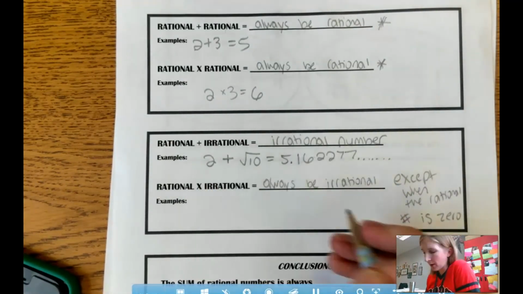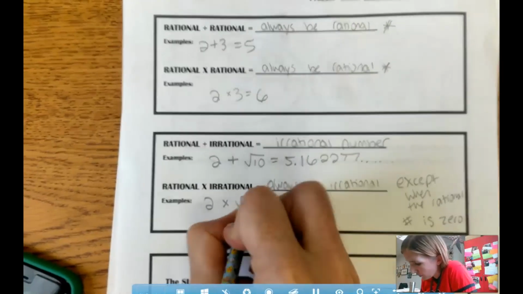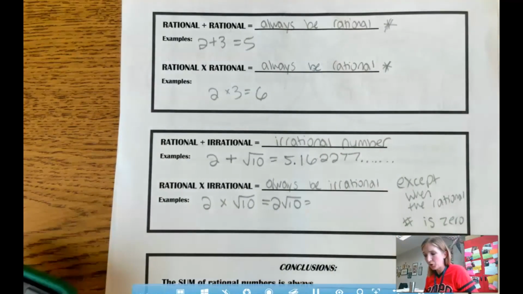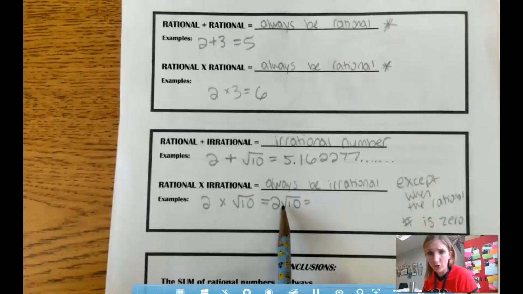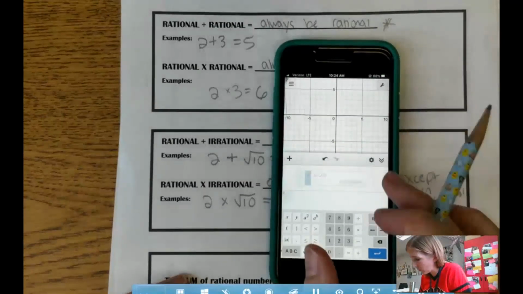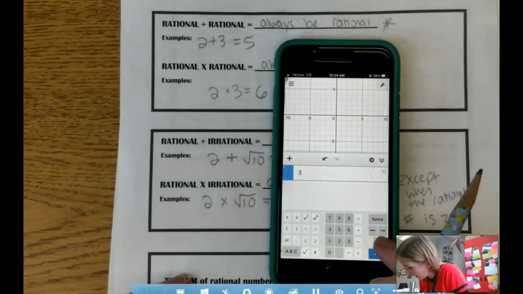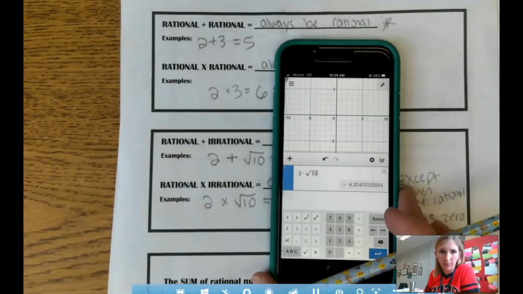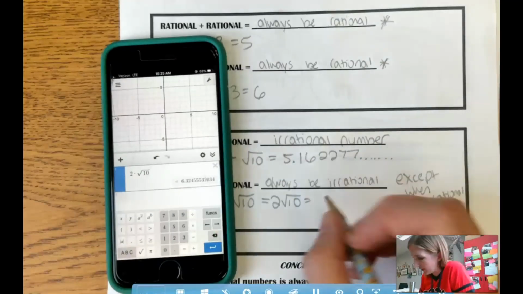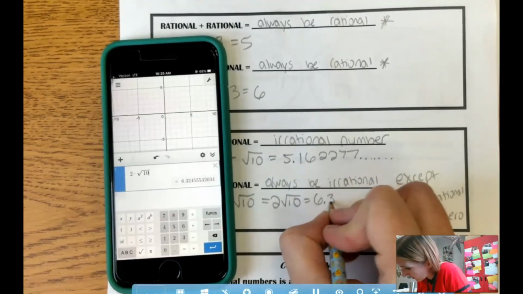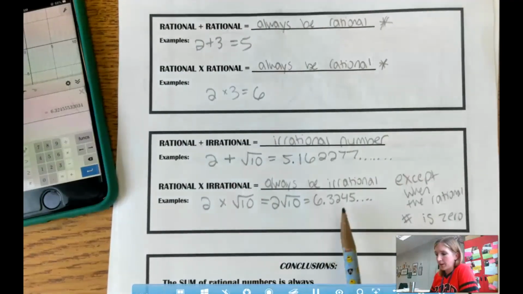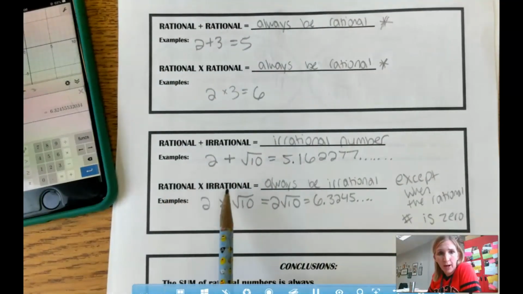So if I did 2 times square root of 10, I can rewrite that as just the 2 in front of it. So if I do 2 times square root of 10, again, that gives me a crazy decimal that goes on forever and doesn't repeat. So that's going to be 6.3245... So when you're multiplying a rational times an irrational, it's always going to be irrational.